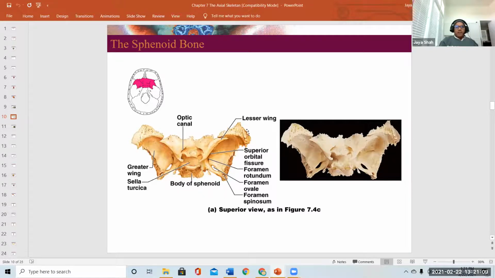It has wings. A smaller wing is lesser wing, bigger wing is greater wing. And then here is a cavity. That cavity is called sella turcica. And know it. This sella turcica is the house for the pituitary gland. So pituitary gland lies here. Okay. And these are the three features you need to know, not other features. Okay.